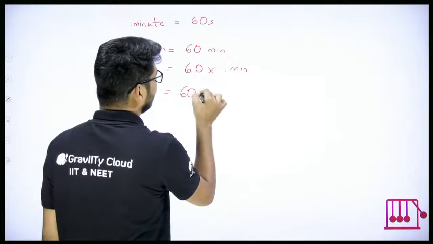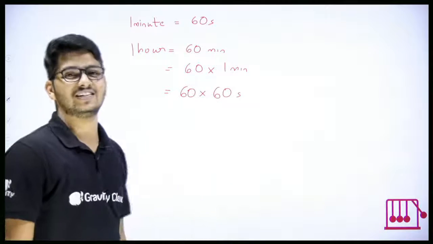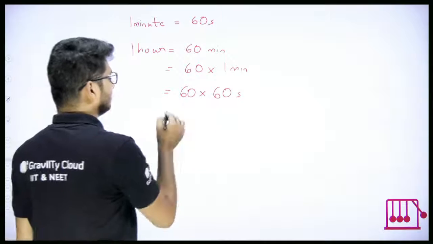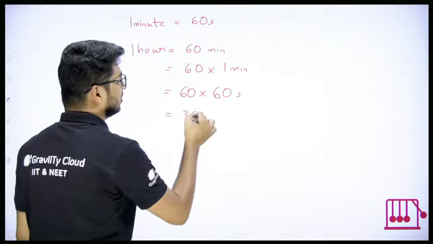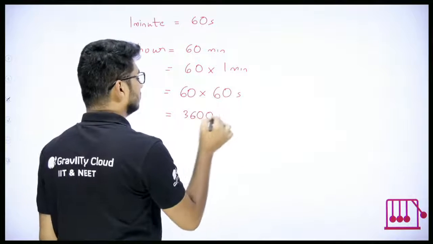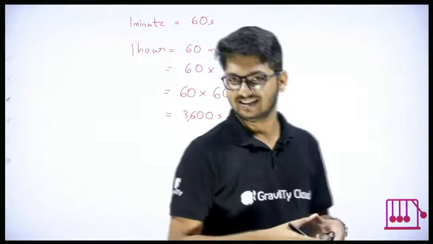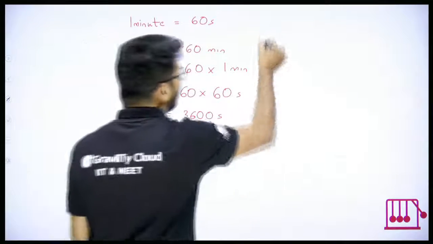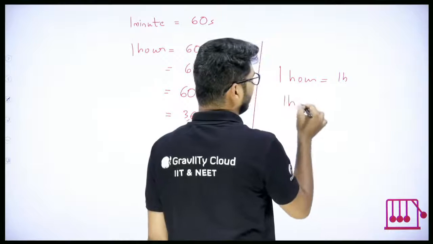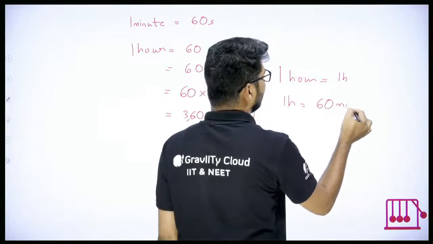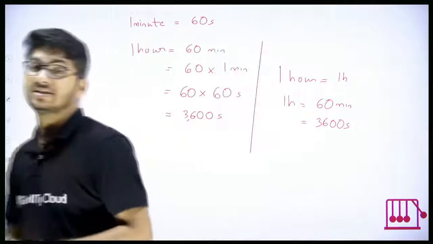So 60 into 60 seconds. 60 into 60 is how much? 6 into 6 is 36, and you have two zeros, so 3600 seconds. So here we can clearly say that for 1 hour we use the symbol h. 1 hour is equal to 60 minutes, or in terms of seconds, 3600 seconds.